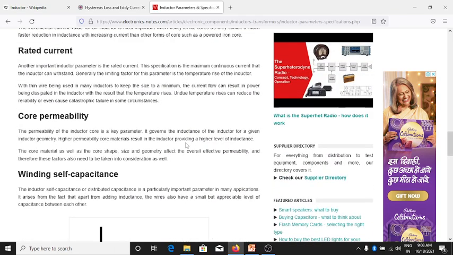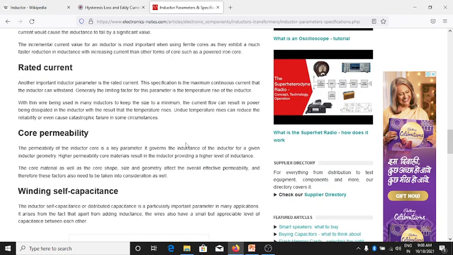Next is rated current. Another important inductor parameter is rated current. This specification is the maximum continuous current that the inductor can withstand. Generally, the limiting factor for this parameter is the temperature rise of the inductor, with thin wire being used in many inductors to keep the size to a minimum.